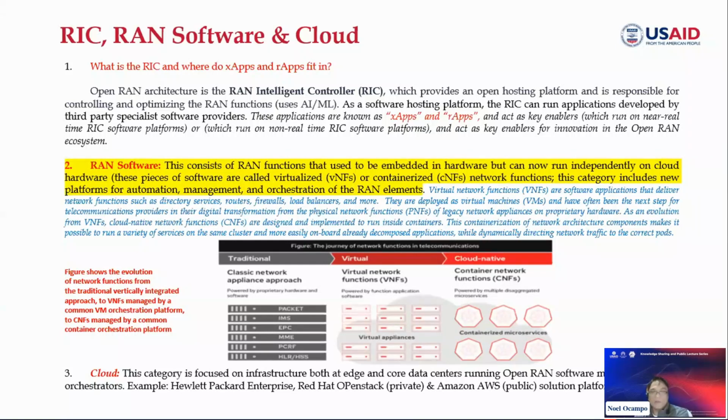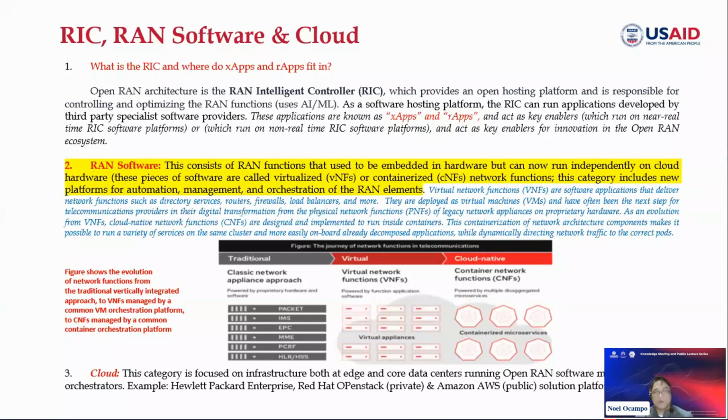And for cloud native container functions, we have the cloud, and this could be the private cloud and the public cloud. So now we can really have other what we call orchestrators in the cloud, such as AWS and HP.